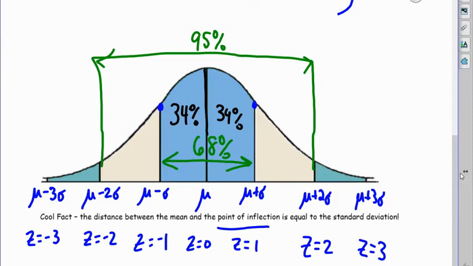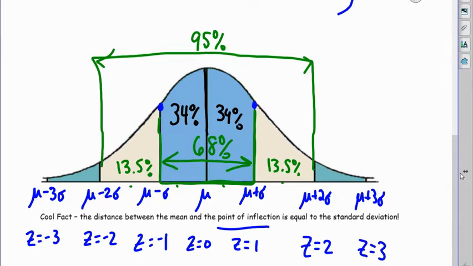If you think about how this breaks down some more, if you have 95%, and remember you've got 68 in here, then outside of that, you've got 68 inside, so that would make this 13.5% in this little window, and 13.5%, because if you add 13.5 plus 34 plus 34 plus 13.5, you get 95%.